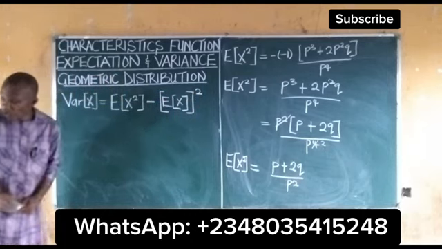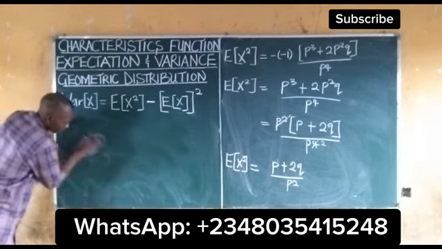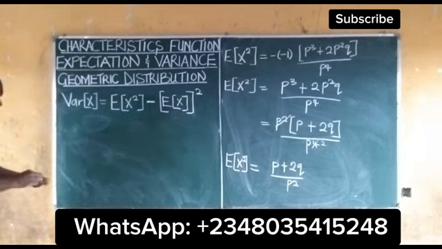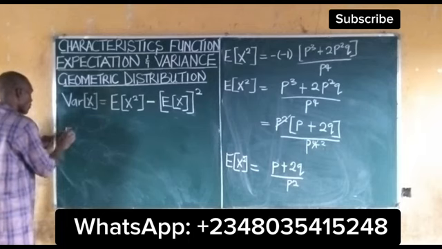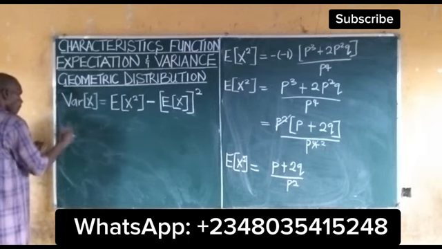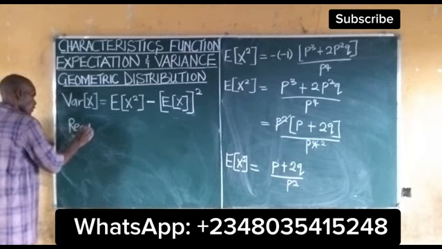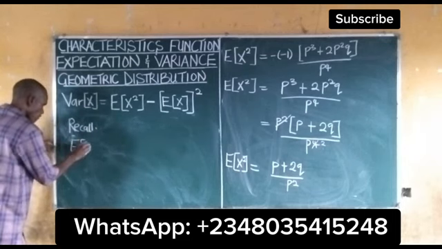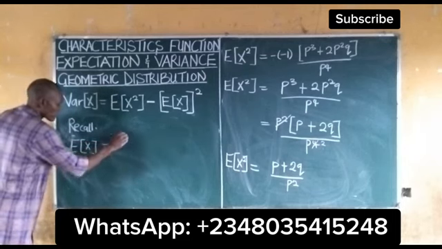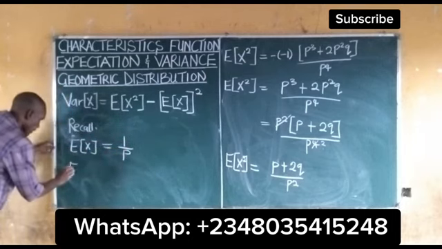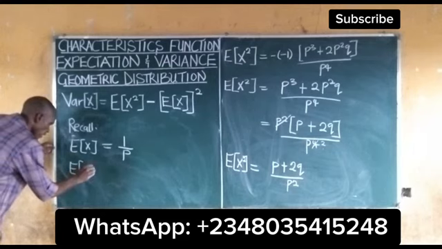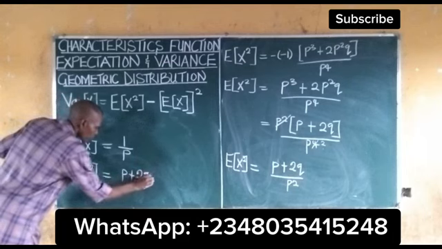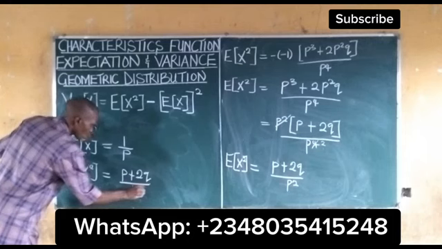So we can recall that our expected value of x is equal to what we got was 1 all over p, and our expected value of x squared, what we got is p plus 2q all over p squared.